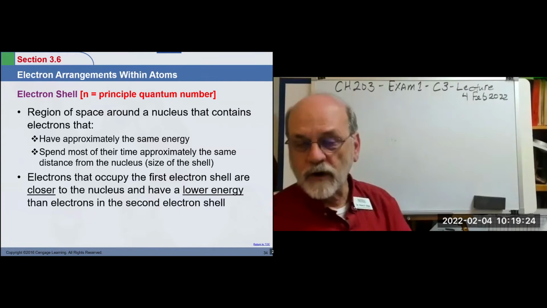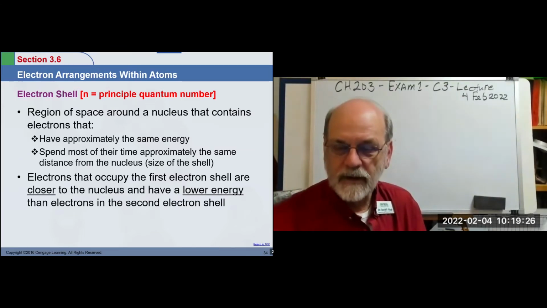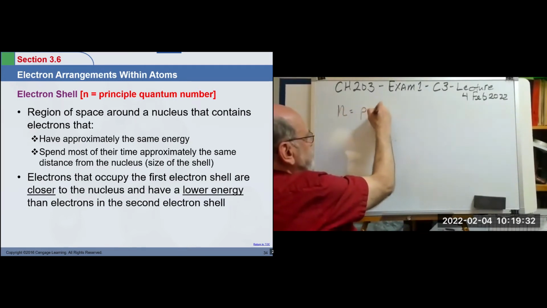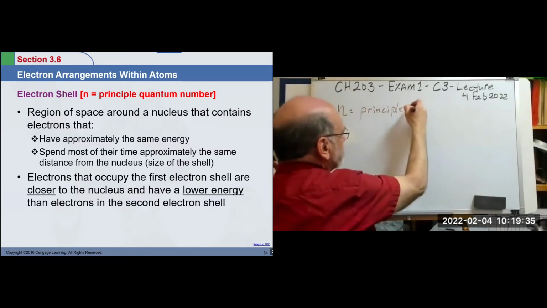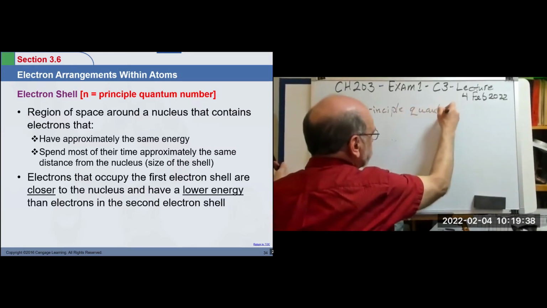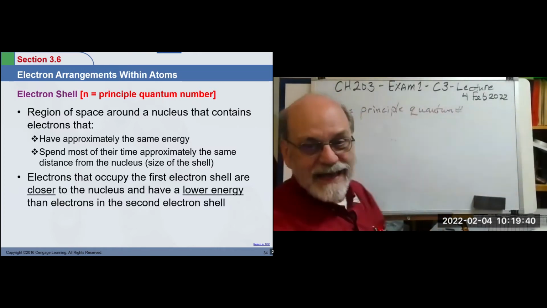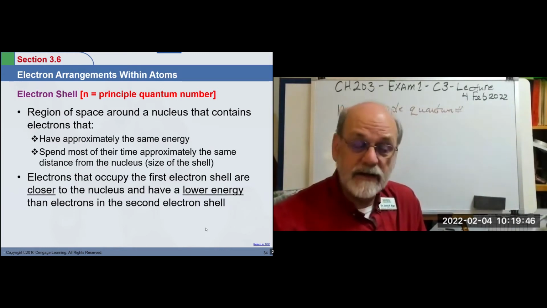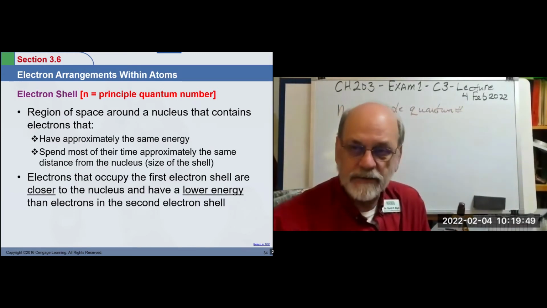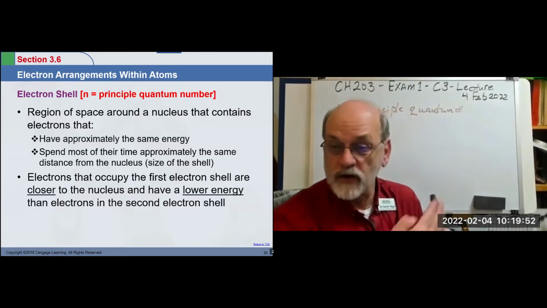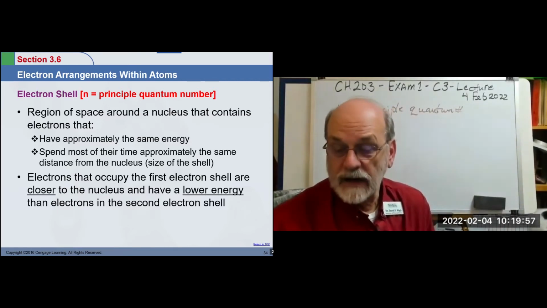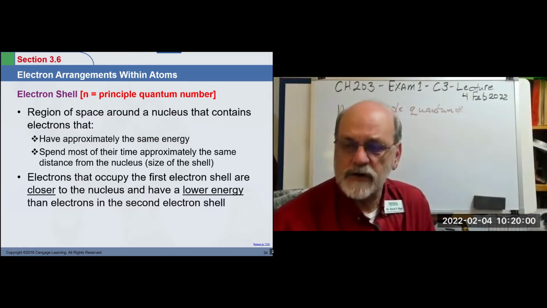Okay, the first one, your book calls the Electron Shell, and it's based upon N, the principal quantum number. N was developed by Niels Bohr. He was one of those names in that list in that previous slide, in his planetary model. N is associated with the energy of the electron.